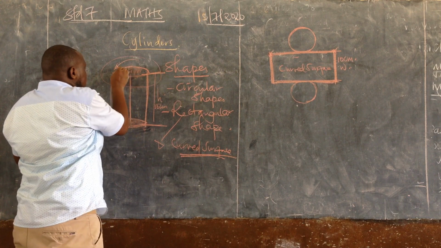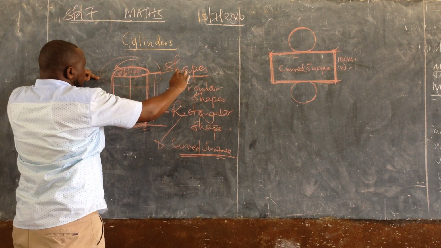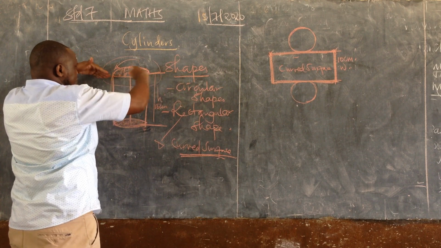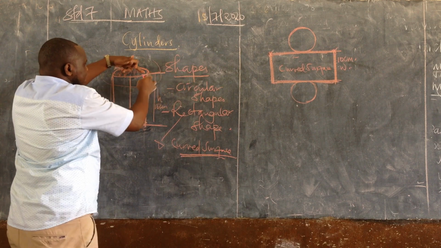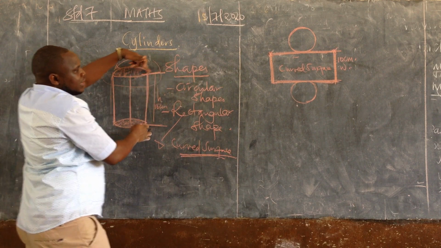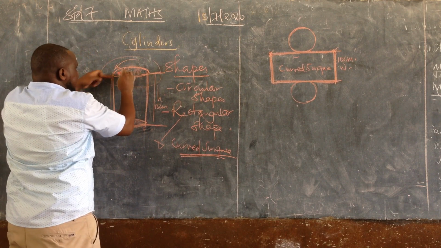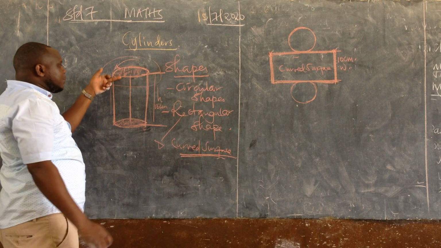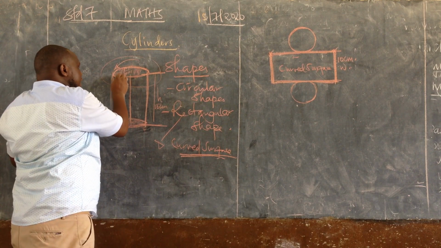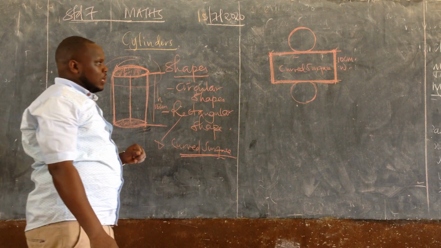Remember this side, the one that we have cut and stretched, forms the length, and this forms the width. The part that was wound here is the one that we stretch to form the length. That part is equivalent to the circumference of this circle.